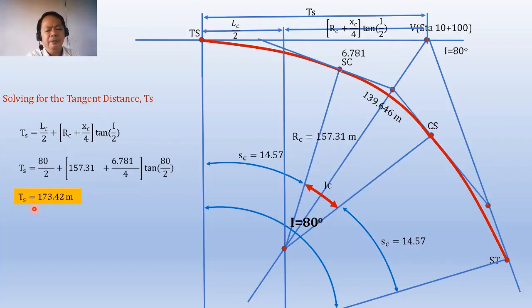So that is how we solve the problems on the spiral, particularly the different elements of the spiral transition curvature. And I hope that with the presentation of the sample problem I gave you, you are able to understand how we use the spiral, how we compute the elements, as well as the different elements of each adjoining simple curvature.